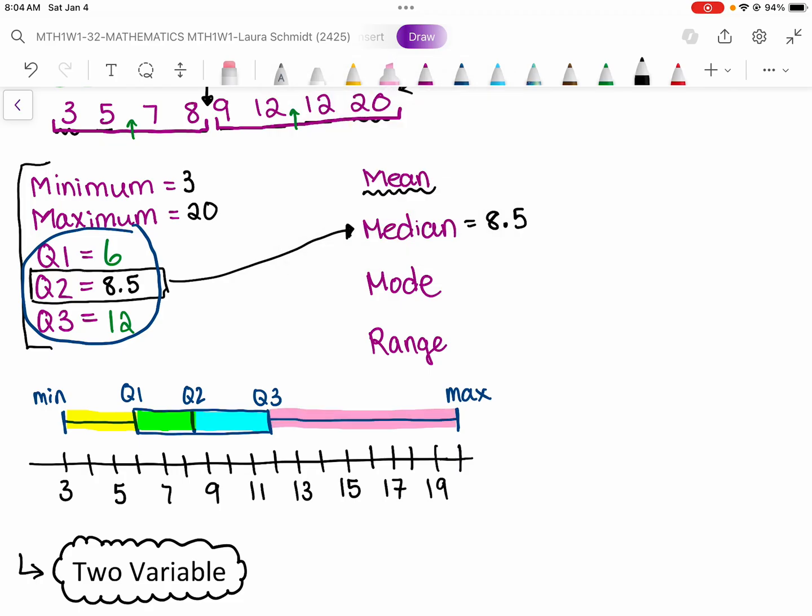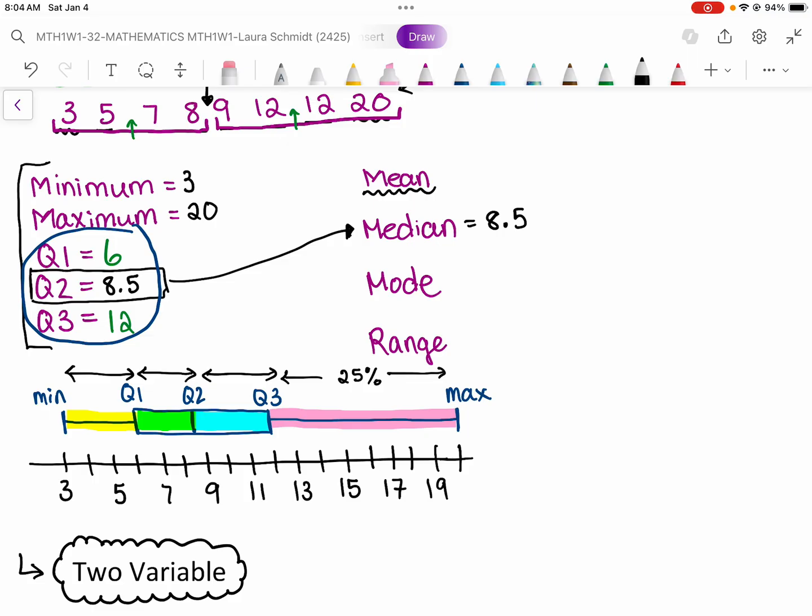That's the idea of a box plot. So even though some sections look bigger than the others, this contains 25% of the data, as well as this, and this, and this. They each contain 25% of the data. Okay, that's a box plot.